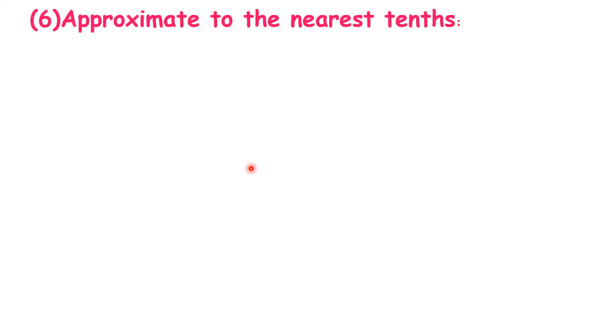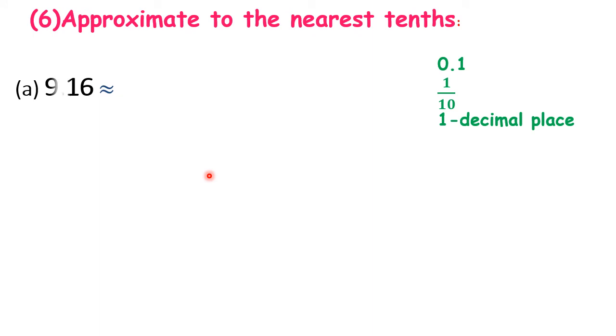Question 6. Approximate to the nearest tenth, or 0.1 or 1 over 10 or 1 decimal place, all the same. Okay, number A, 9 and 16 hundredths. Okay, put line in tenths, after the decimal point is tenth.